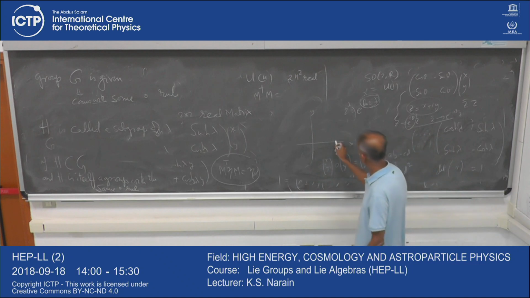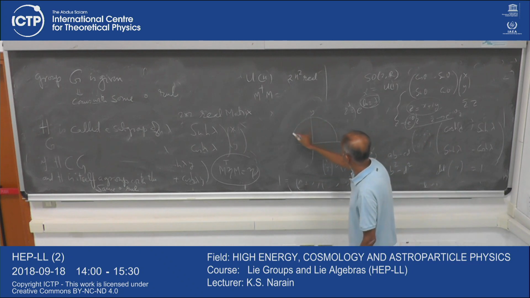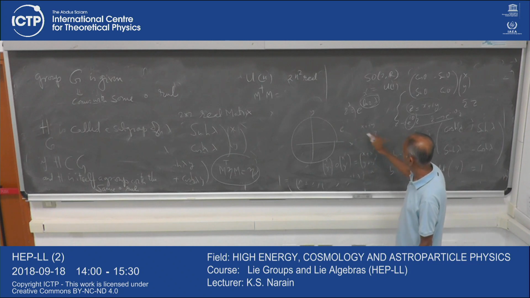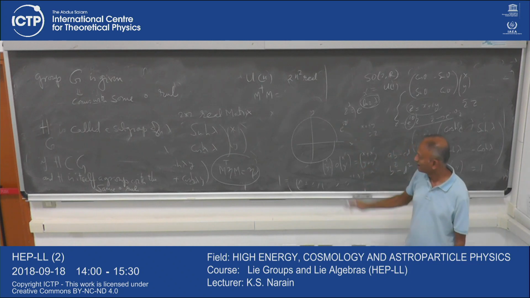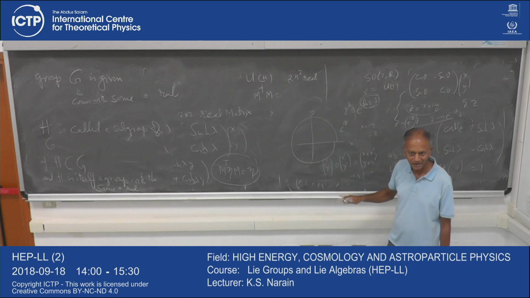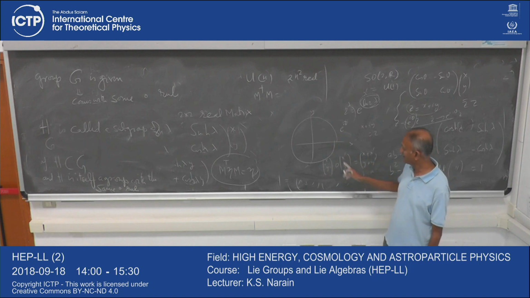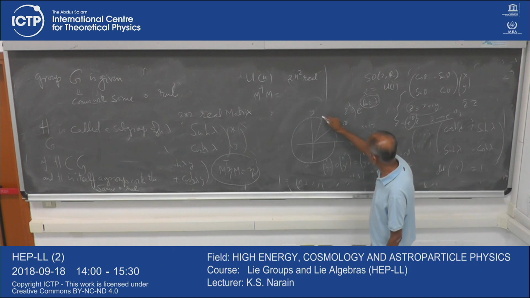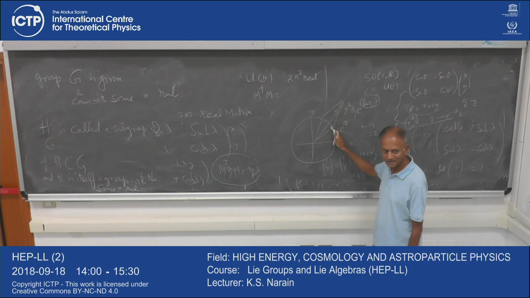On the other hand, consider the circle of unit radius. Thinking in terms of complex numbers, if I call x plus iy equal to z, then e to the i theta is certainly a subset of the full complex plane. But it's not a group under this addition rule, because if I take one vector here and another vector there, the addition of these two vectors will be this, which is certainly not part of the circle.